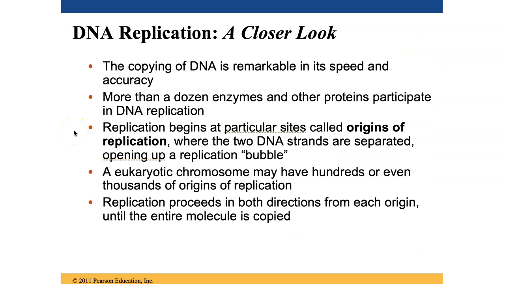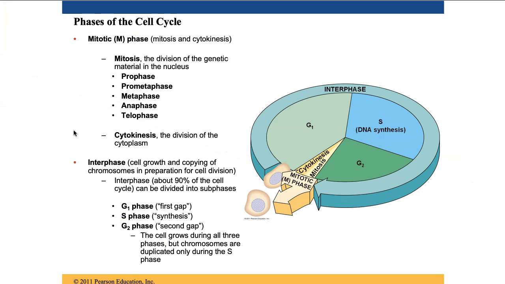As a reminder, DNA replication is occurring during interphase. So this is the chapter 12 PowerPoints. This is the cell cycle. We have interphase and the mitotic phase, or M phase. Interphase has three separate stages, G1, S, and G2. The S phase stands for the synthesis phase, particularly we're making DNA.